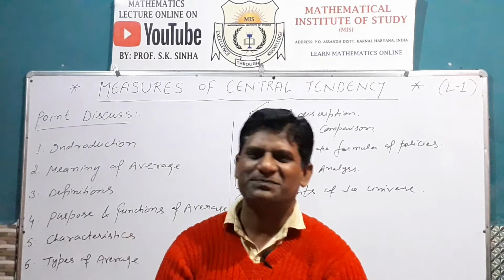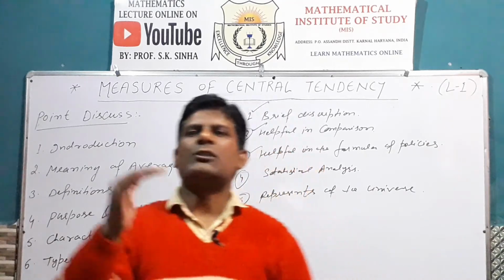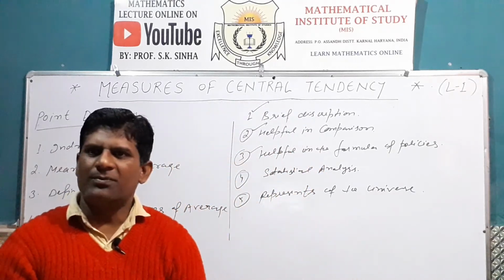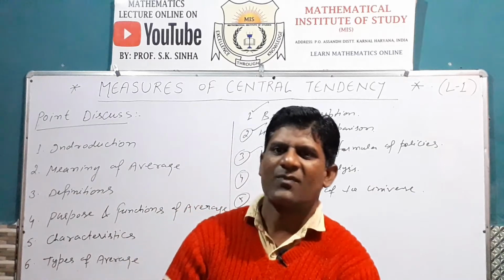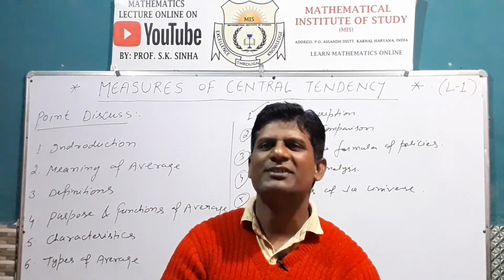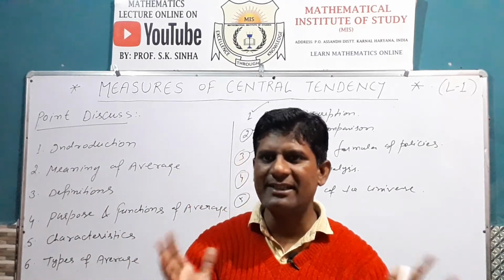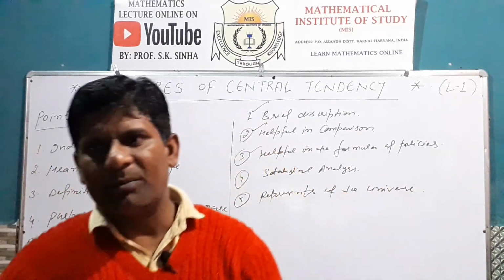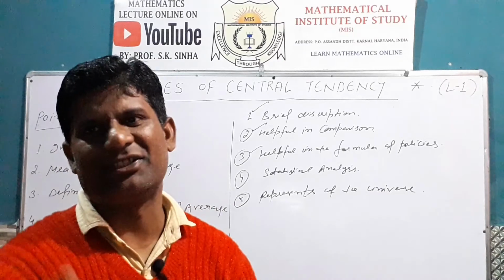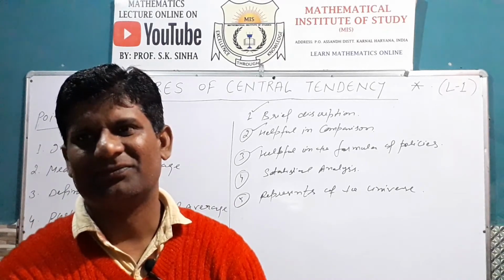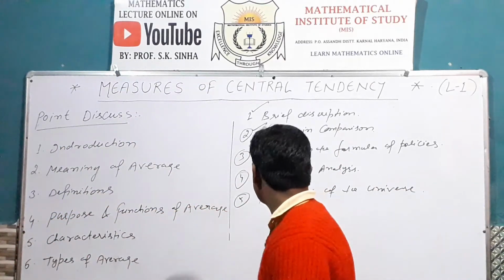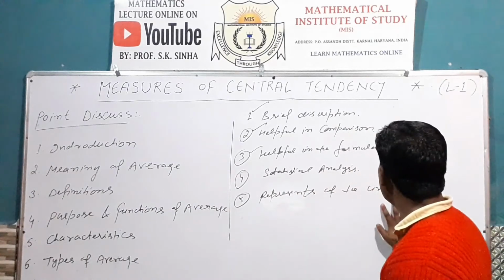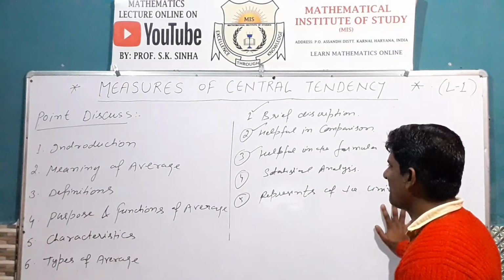For example, by calculating the per capita income of a nation, we get one single value that gives an idea of the economic condition of the nation. So this is the 5th step, representation of the universe.